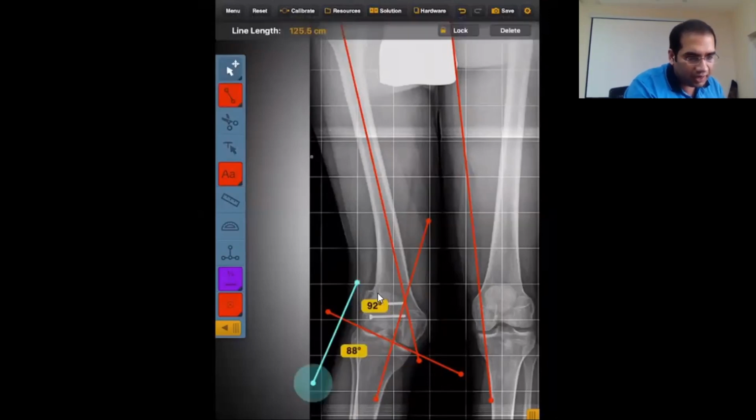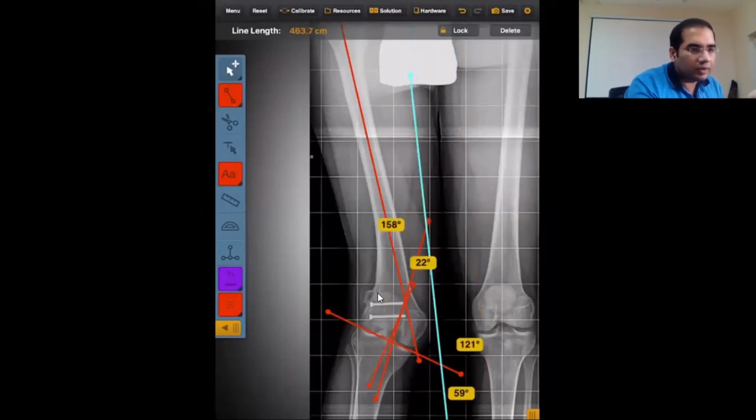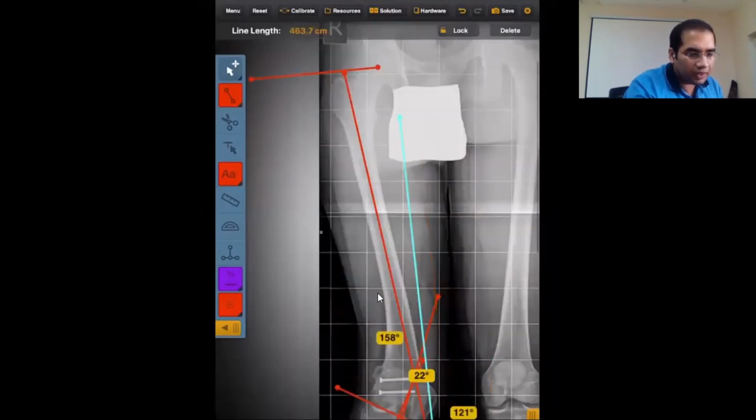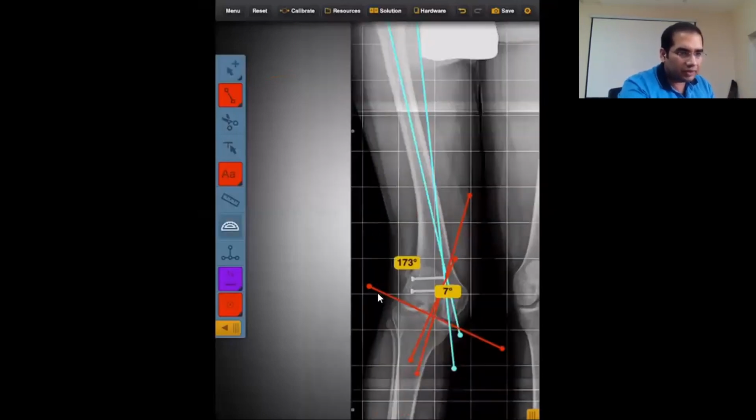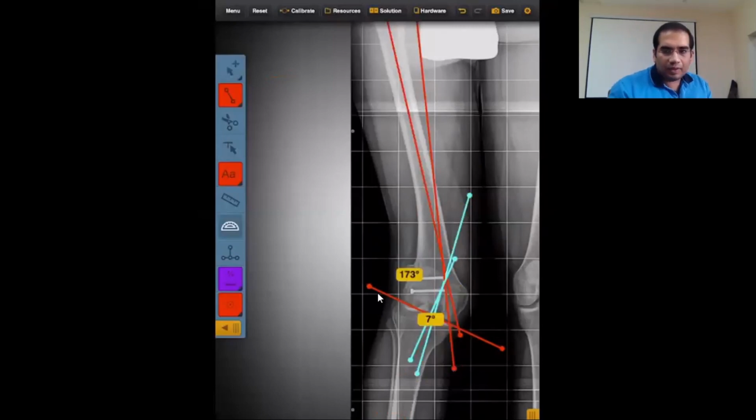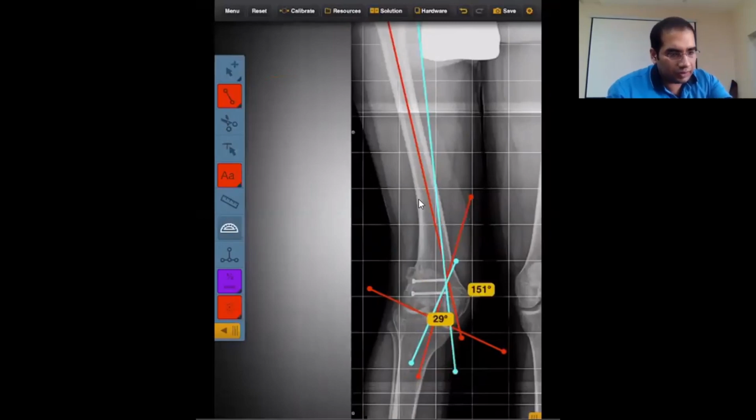As you can see, it coincides with our planning when we did using our mechanical axis. So the 88 degree line starting from the center of the hip, these two lines which have been highlighted are using the mechanical axis planning, and the CORA magnitude is 29 degrees, and the location is exactly where the deformity is.